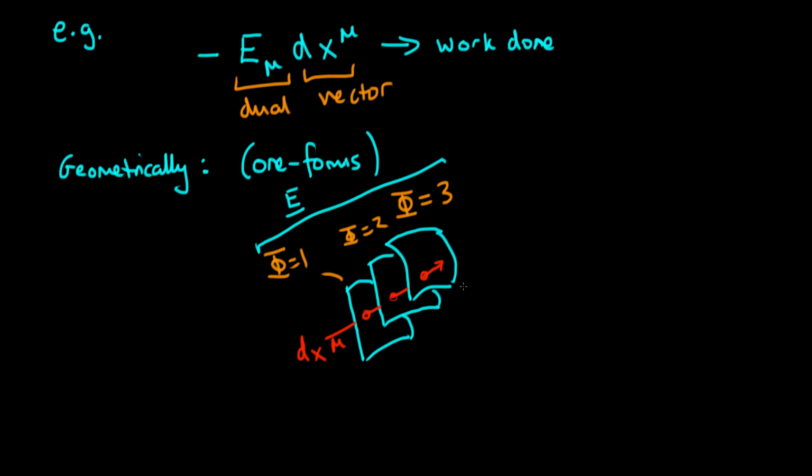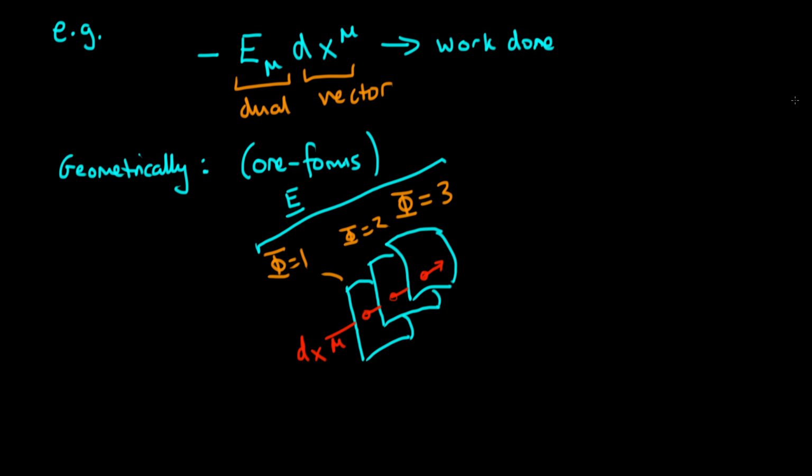So we see here that we represent a vector, or a contravariant vector, just as a line, and a one-form we represent as a series of parallel surfaces. And then if the one-form acts on a vector, we're essentially counting the number of these parallel surfaces which the vector punctures.